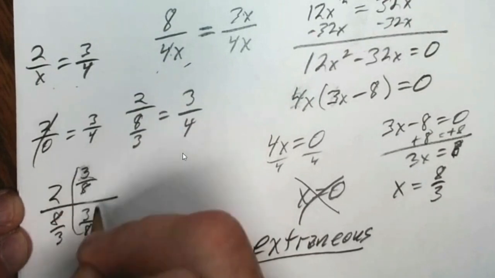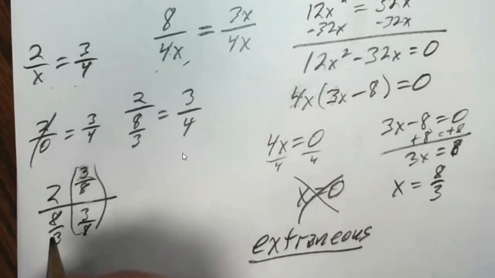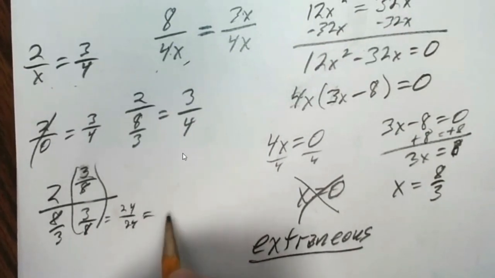We're multiplying by 3/8 over 3/8, which is just 1. 8/3 times 3/8 is 24 over 24, or 1.